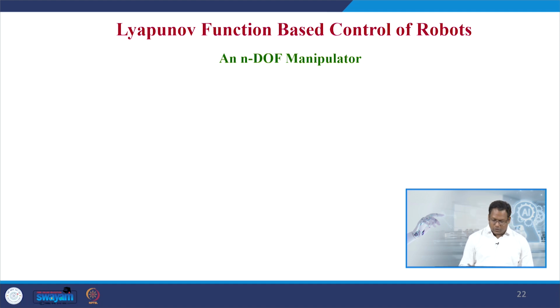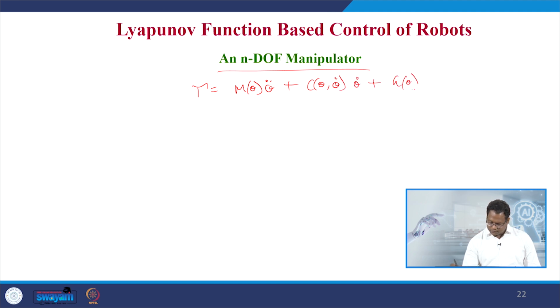Finally, today we are going to see an n degrees of freedom problem. Okay, in 2 minutes we will finish that. Let us take the n degrees of freedom system, which is given by the manipulator dynamics M of theta into theta double dot plus C of theta, theta dot into theta dot plus g of theta equal to tau.